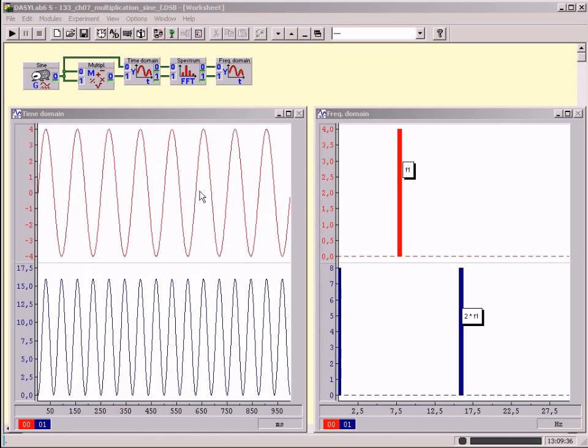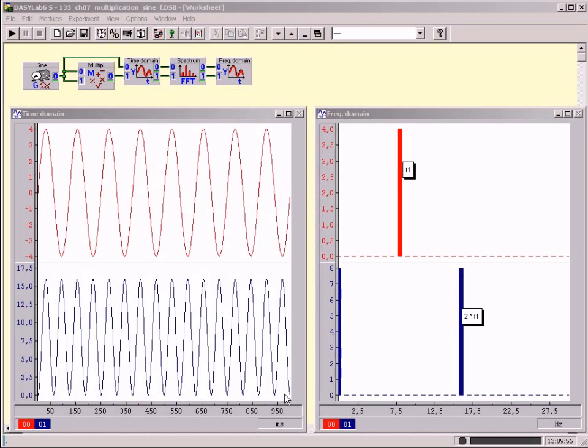Let us proceed systematically. As representative of all signals, we select two sinusoidal signals, both of the same frequency, amplitude, and phase size. You can see the astonishing result in the time and frequency domain.